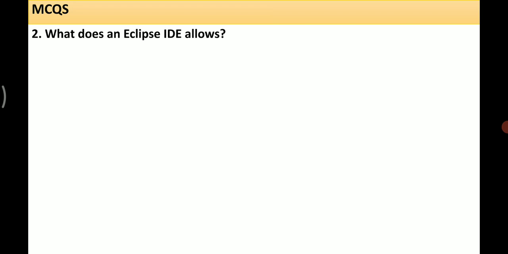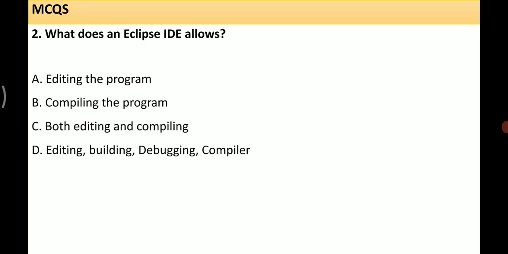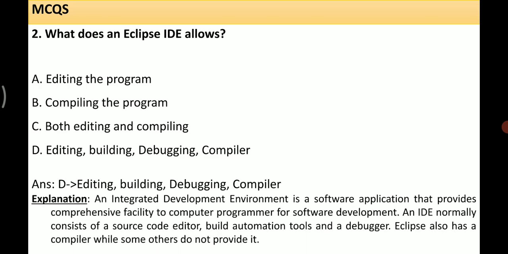Next question: what does an Eclipse IDE allow? Option A, editing the program. B, compiling the program. C, editing and compiling. D, editing, building, debugging, compiler. The correct answer is D. All these are allowed in your Eclipse IDE.